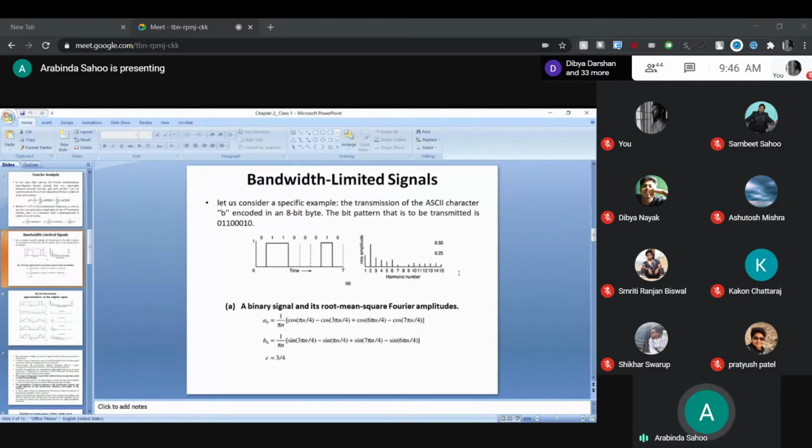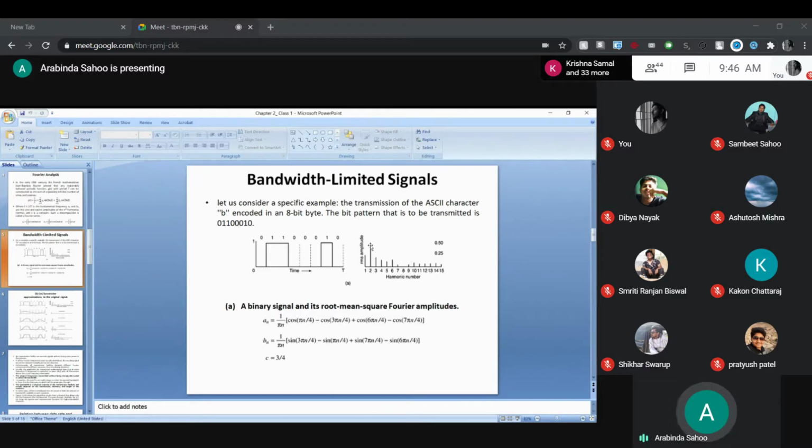If you compare the information associated with the signal, if the mean square amplitude is large, that means the information contained in this particular harmonic number is maximum. Check this diagram. In the second harmonic, the mean square amplitude is maximum.